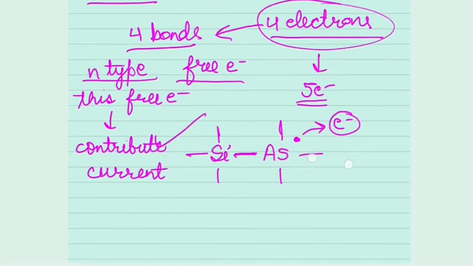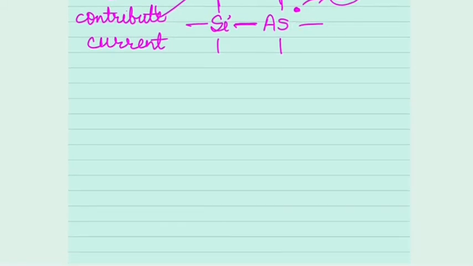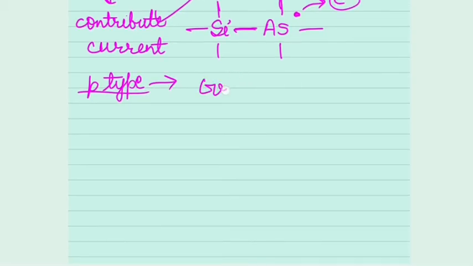Now let us take another example, the P-type semiconductor. Let us understand how we can make it. For that, what do we require? We require a group 14 atom as usual, because this is our semiconductor.